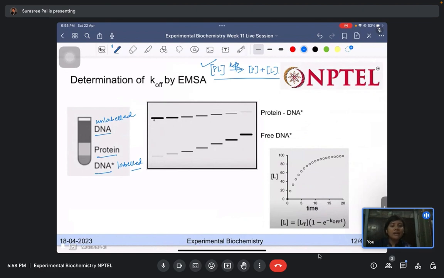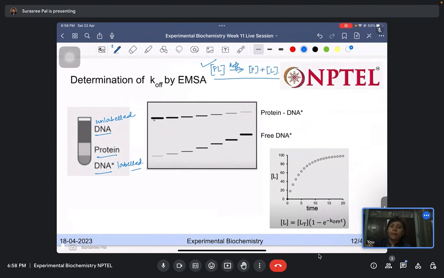Now, the intensity of the labeled DNA we will detect by gel electrophoresis, by native PAGE. So this labeled DNA will be free, and this will be our free ligand, right?